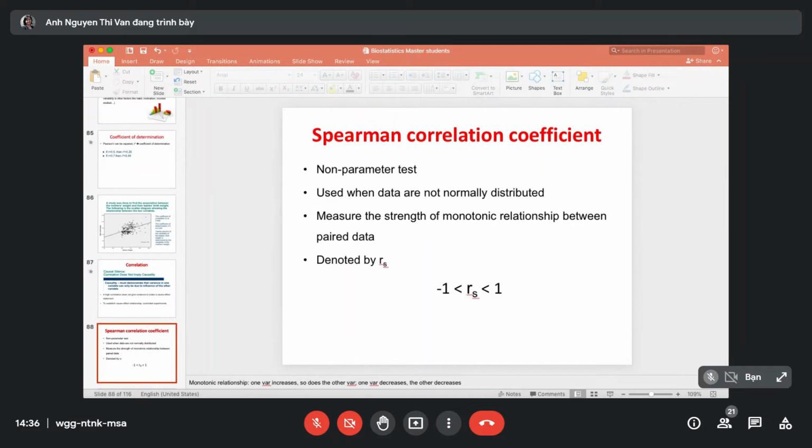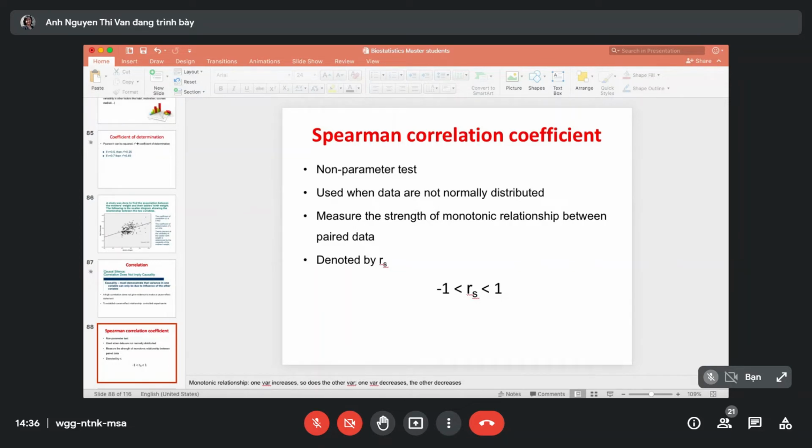Do you know what kind of relationship the Pearson correlation test tells you? The Pearson can tell us about the linear correlation between two variables.